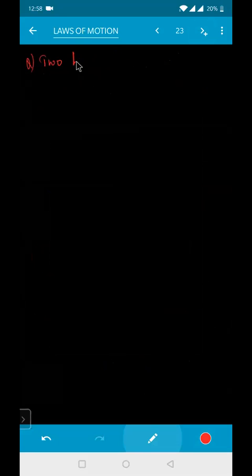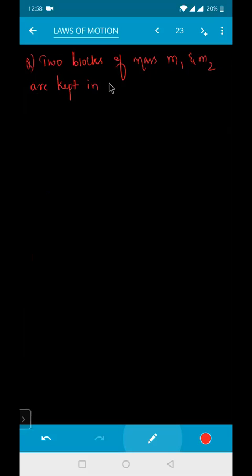Suppose we have got 2 blocks of mass m1 and m2. m1 and m2 are kept in contact on a smooth table.